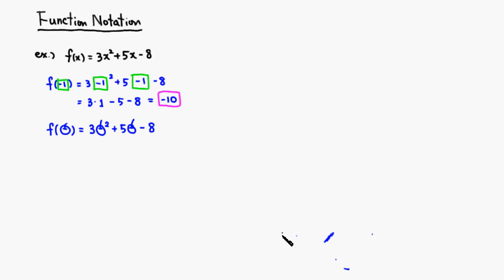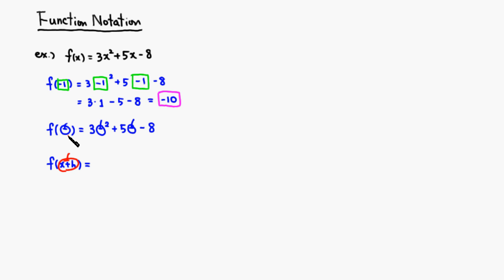Alright, so let's make it look more like math. Let's try to find f of x plus h. Here you can just think of x plus h as an apple.